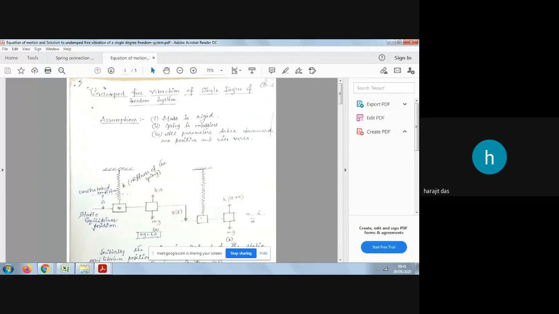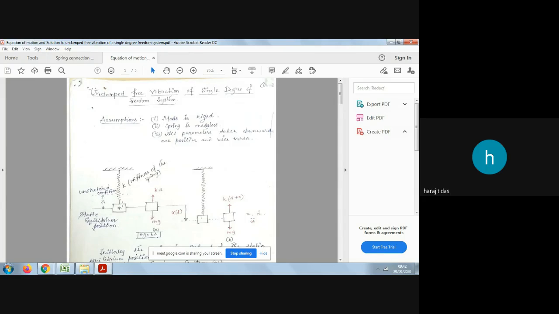So what were the assumptions? The mass was rigid, not showing any elastic property. The system is elastic because there is a spring with some stiffness k, small k. The spring is massless.